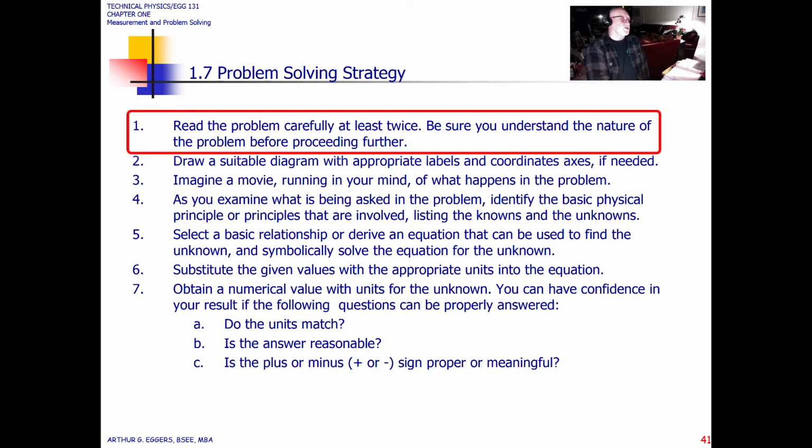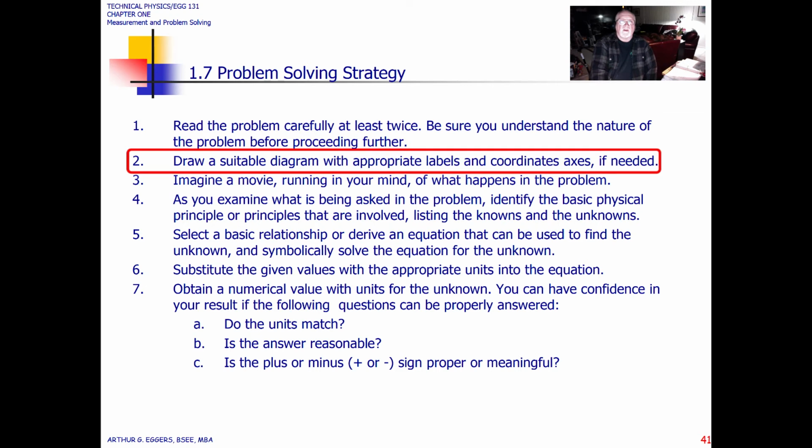So at this point, you're going to start looking at the problem, reading through it, and trying to determine what you know and what you don't know, and start identifying and gathering the knowns and determining what you have to do for the unknowns. If you can, draw a suitable diagram with appropriate labels and coordinate axes.